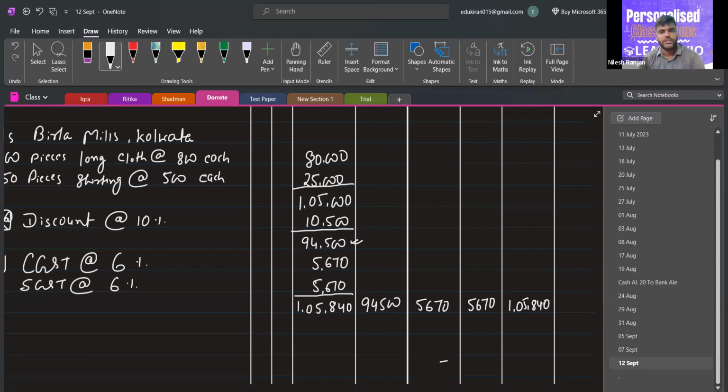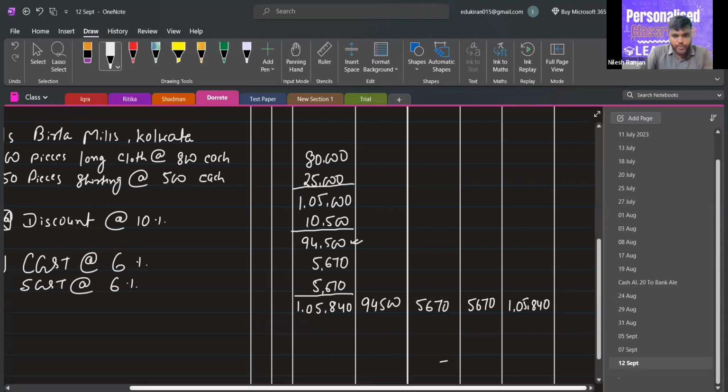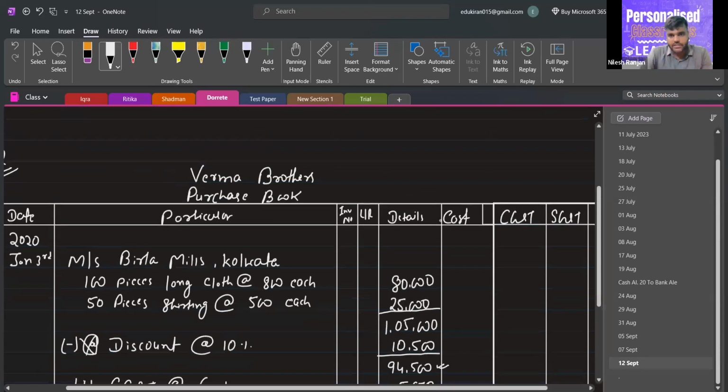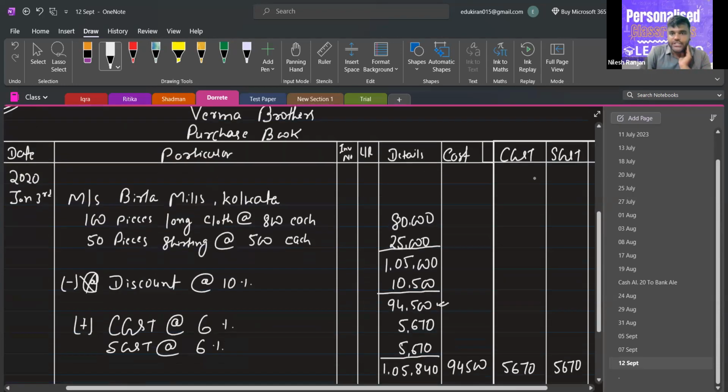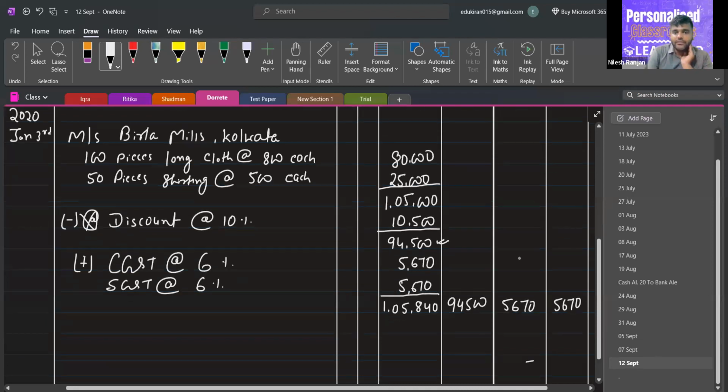Yes, sir. Is this clear, how we have prepared? Actually, you can also prepare up to this detail and amount, not cost. But sometimes a portion will give you more detail like CGST, SGST. In that case, you have to prepare a detailed format for the purchase book, and you will write cost, SGST, and CGST separately. Because if we need to calculate the total of CGST, SGST, and cost, then we cannot do it from here.